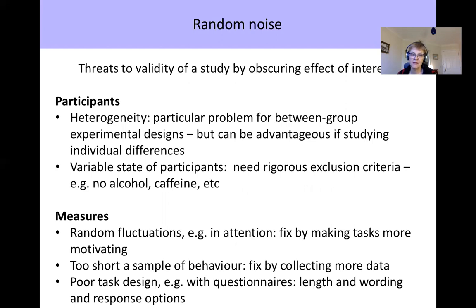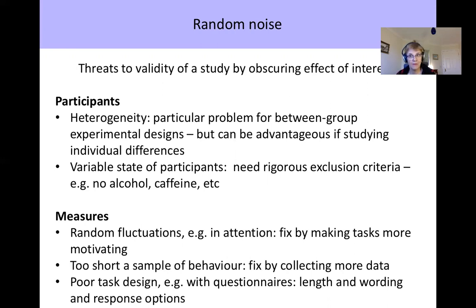effects of interest. If you've got human or animal participants, heterogeneity can often be a problem if you're doing between group experimental designs. On the other hand, if you're interested in individual differences and things that correlate with those, you actually may want wide variation in your group rather than having a very restricted range.